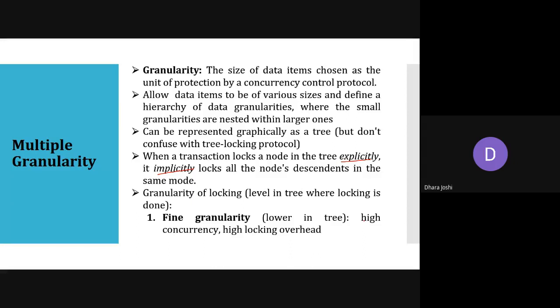So it provides you high concurrency because if we have the entire database like this, with multiple files, and from these multiple files we are just using one row, just locking this one row, other transactions can also use any of the rows from this file, as well as any of the records from this other file.